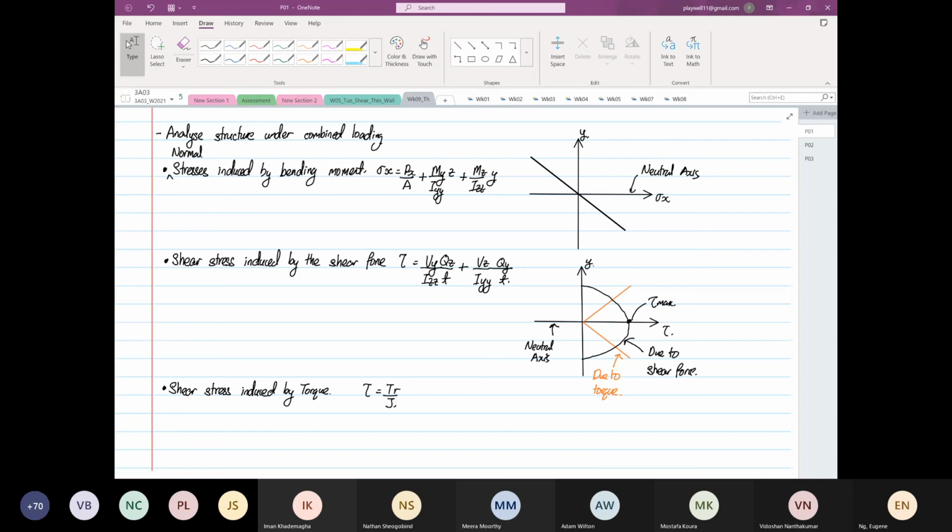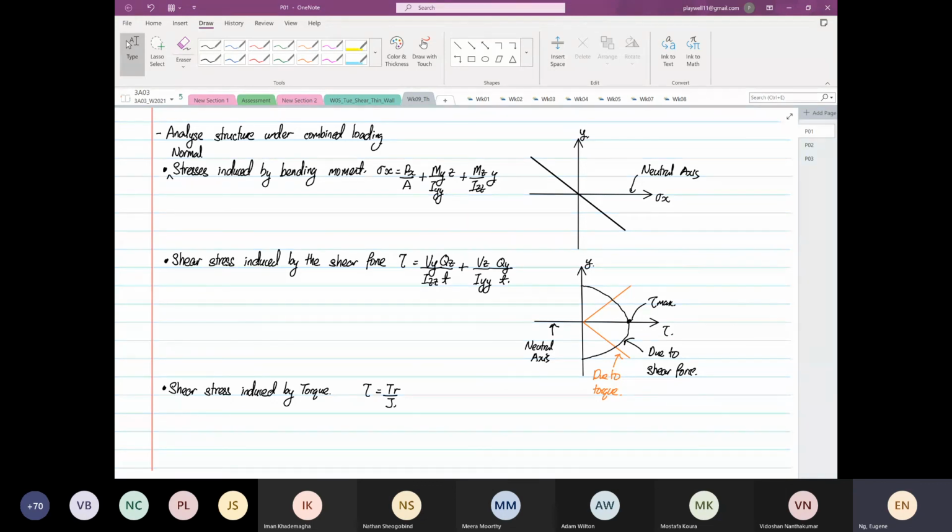So under combined loading, what will you use? Is the shear stress due to the shear force to be ignored, or is it just focused on bending moment? So that is why we have to link this.